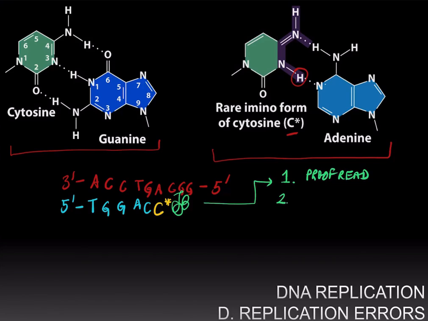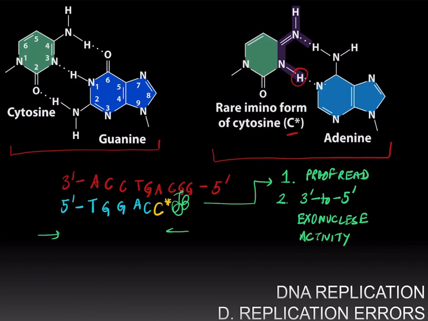The second ability that the polymerase has is it's got what is known as 3' to 5' exonuclease activity. A nuclease is an enzyme that can digest or cut nucleotides, and an exonuclease is a nuclease that works from the outside in.